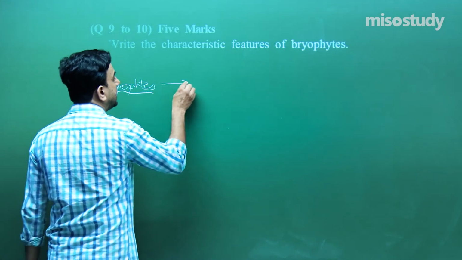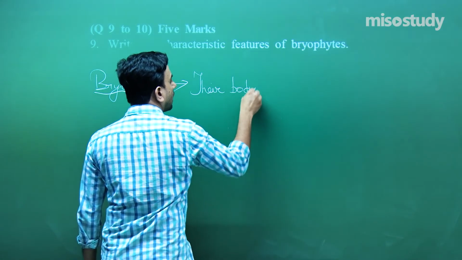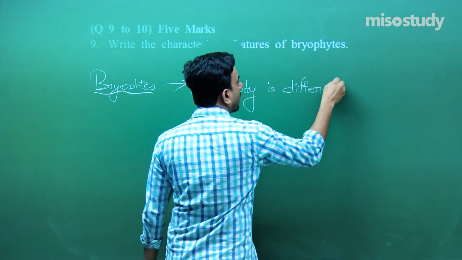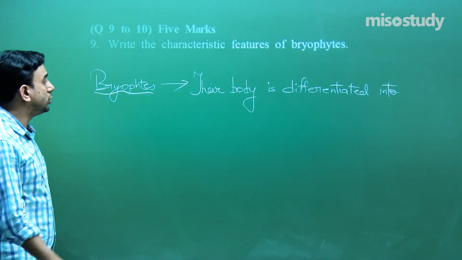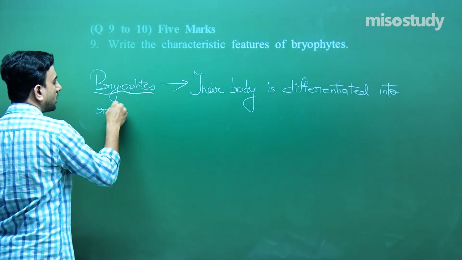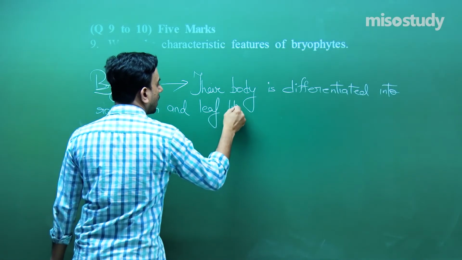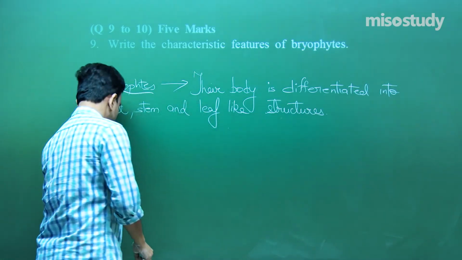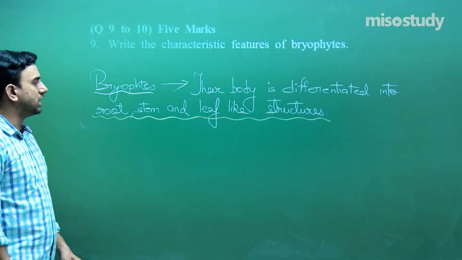Here in the bryophytes, what we see is that the body is differentiated into root, stem, and leaf like structures.